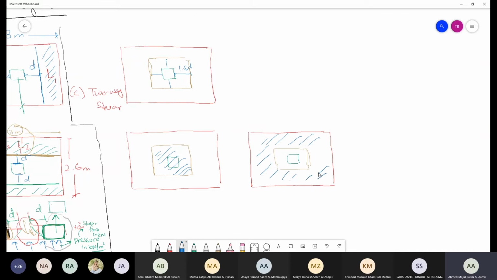So we have two areas. Now, can you help me first in finding out how much is this value? Can you help me in finding out how much is this A?